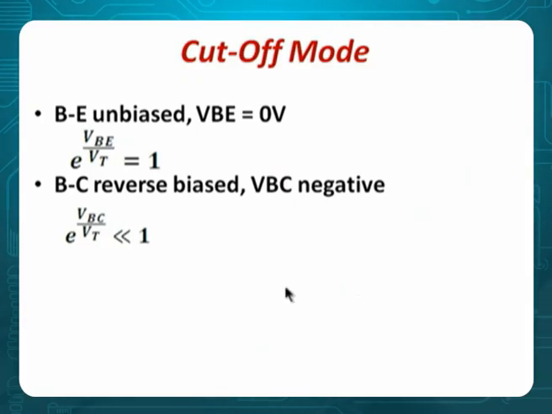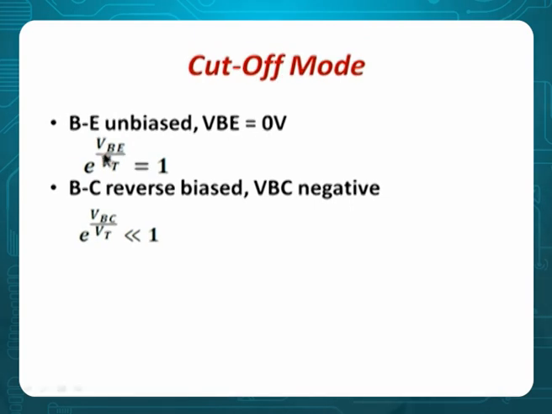Third mode, cutoff mode. Input is reverse and output is reverse, or input is unbiased also. For example, don't give any voltage, that itself is called cutoff. And then e power VBE by eta VT is approximately 1, because e power 0 is 1. And output is reverse. As you know, for reverse bias, it is far less than 1.